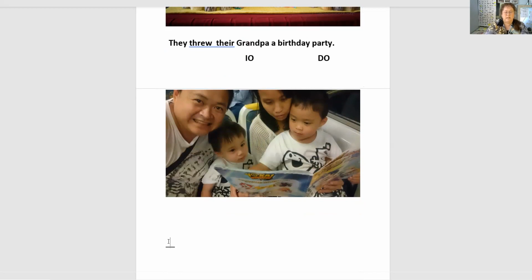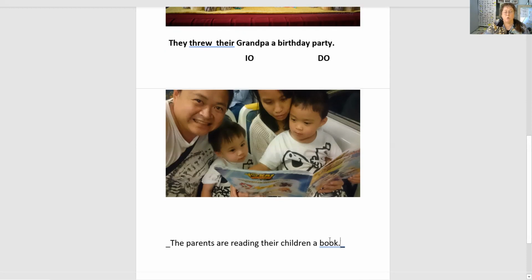So what if we said the parents are reading their children a book? So who is the subject in this? Parents. They're the actors. They're the ones initiating or starting the action. What is the verb? Are reading.